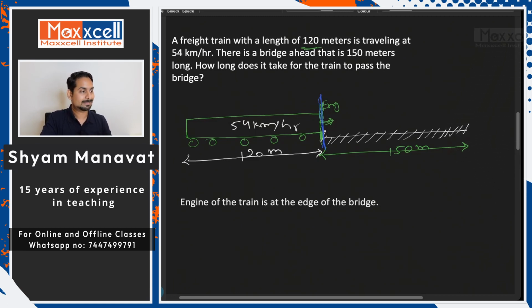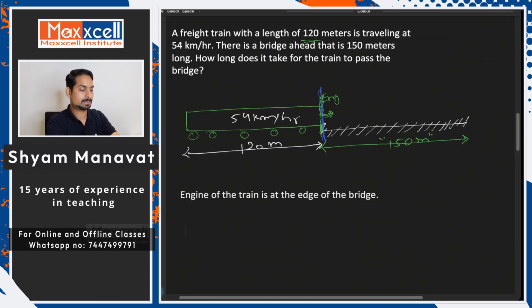I hope you understand that the length of train is part of the distance. The train has to cover the distance of what? 150 meters, which is the length of the bridge, but the total distance has to be covered by the train. In this case the total distance will be equal to length of train plus length of bridge.